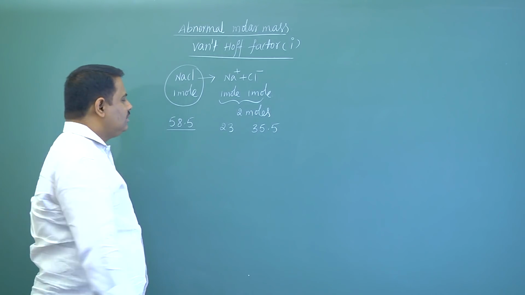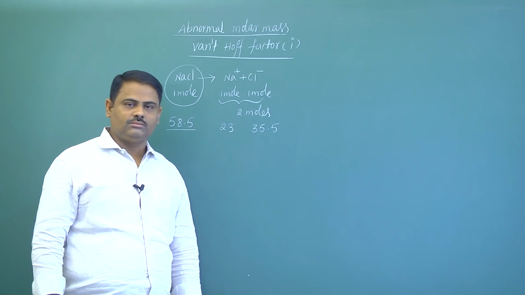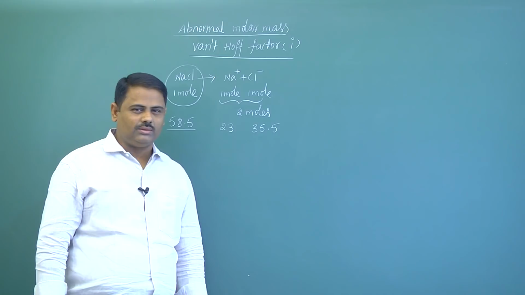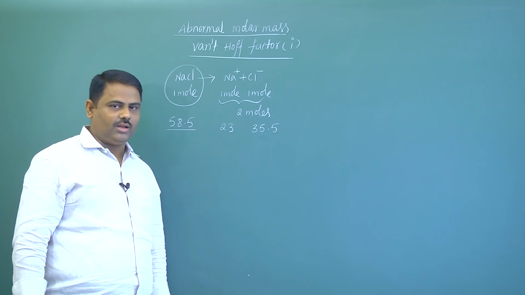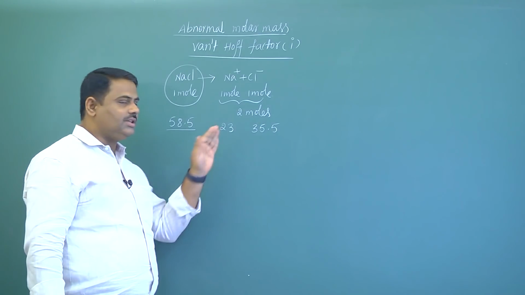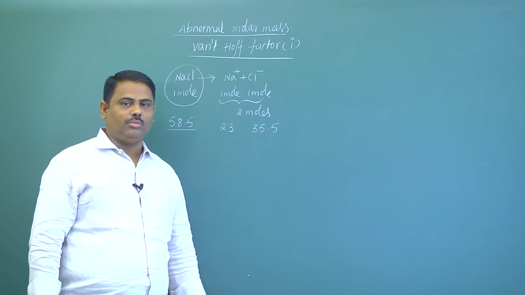Now, this is also called abnormal molar mass. What is abnormal molar mass? Initially, molar mass is 58.5 grams. After dissociation, this molar mass is less than 58.5 grams.